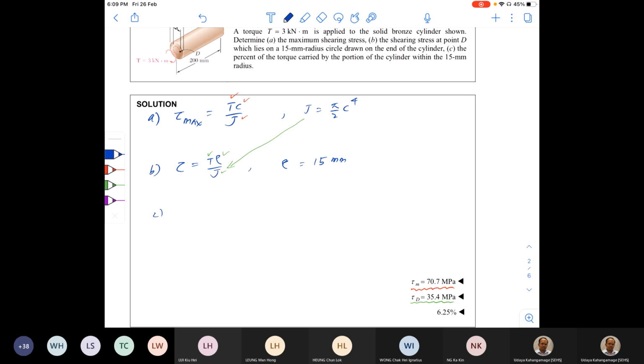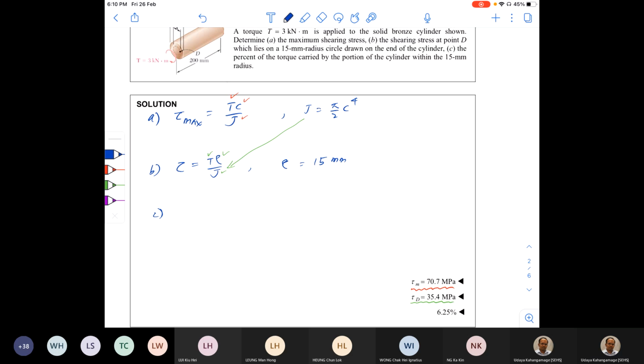Part C says the percent of the torque carried by the portion of the cylinder within the 15 millimeter radius. That is something new for you. Once we apply this torque of 3 kilonewton meter, internally there is going to be a resistive torque, also 3 kilonewton meter because there are no other torques applied.